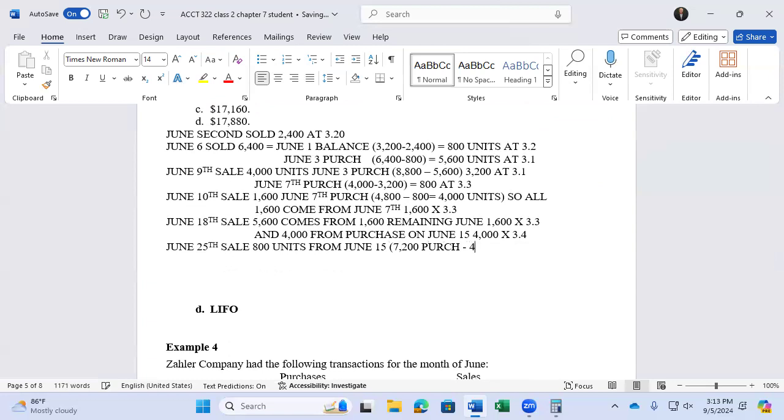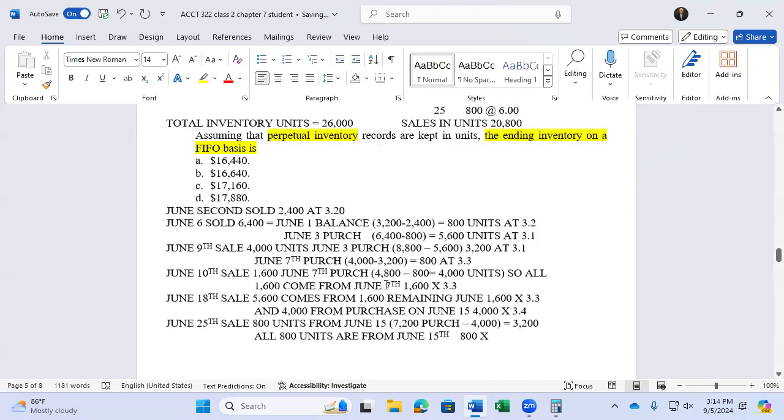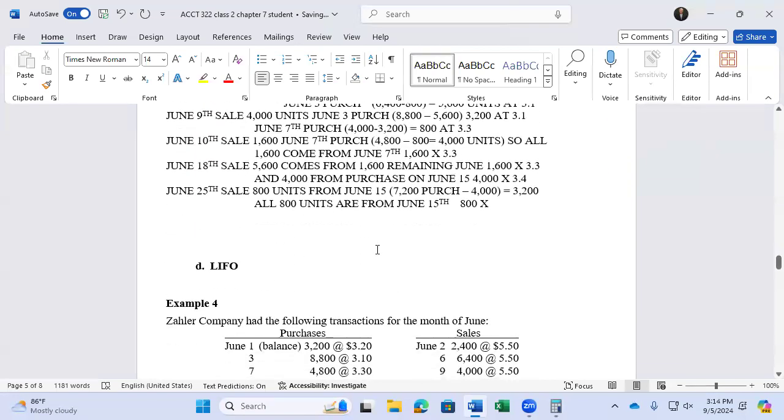Minus what we took, 4,000 before. Gives us 3,200. And so all 800 units from June 15th. So we have 800 times 3.40.